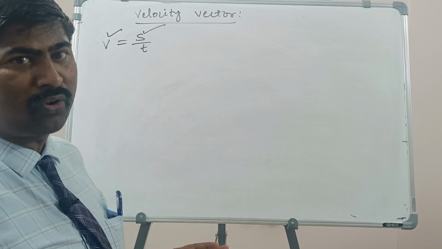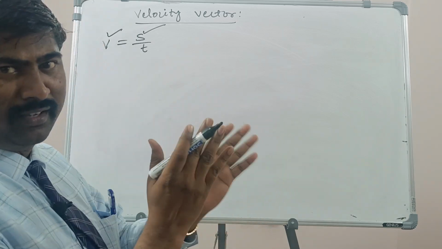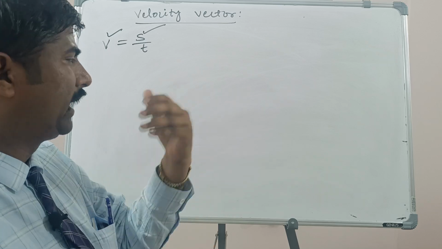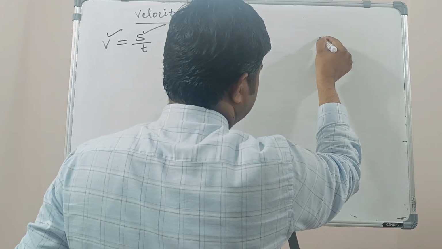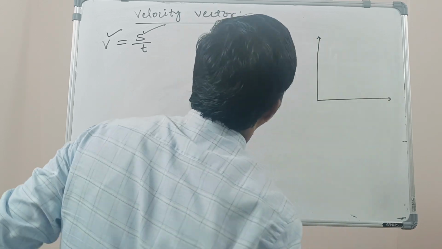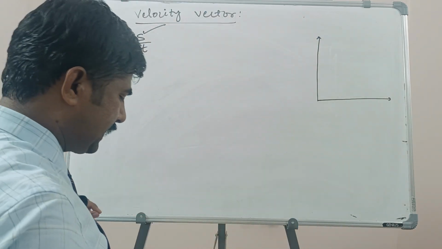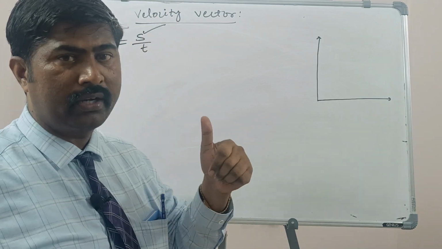When velocity is a vector quantity, let us define a velocity vector in two-dimensional view by taking the x and y axes. Let us take this as the y axis and this as the x axis where the particle is moving. See here, this velocity is resolved into two components, horizontal and vertical.